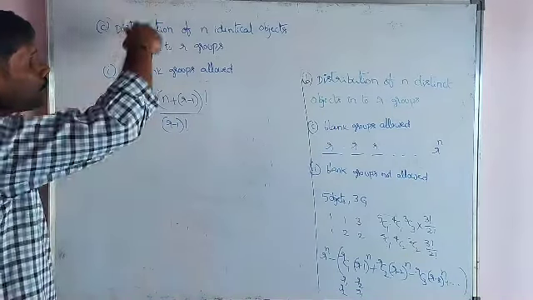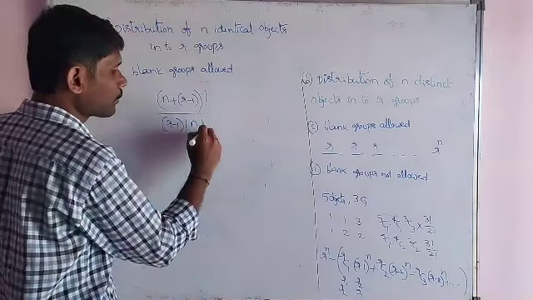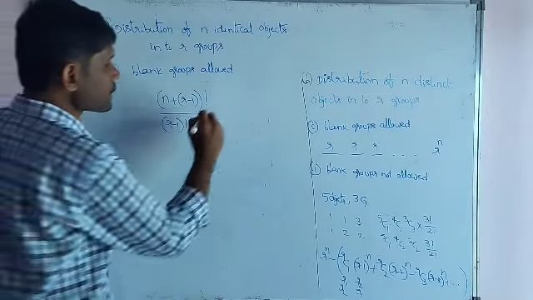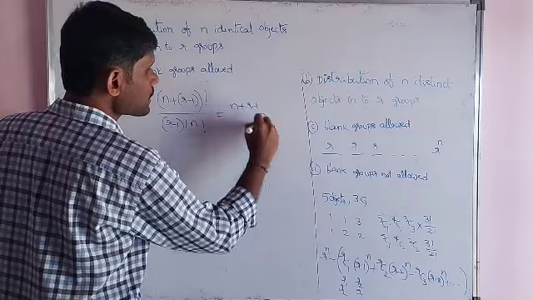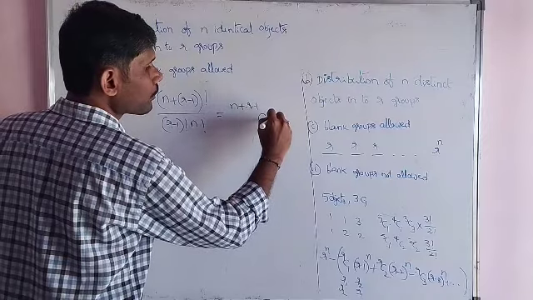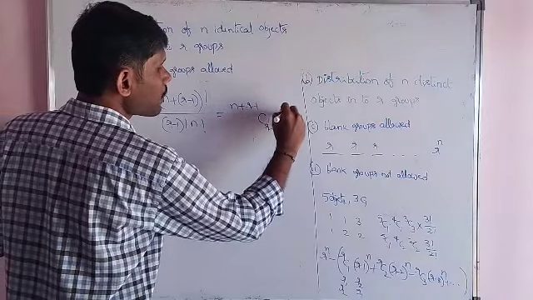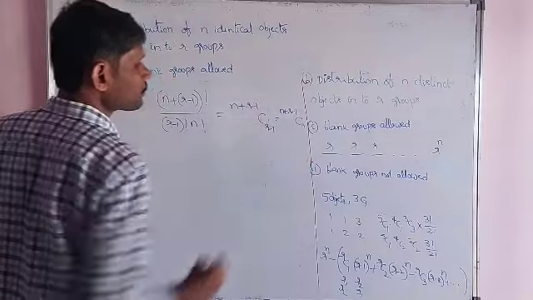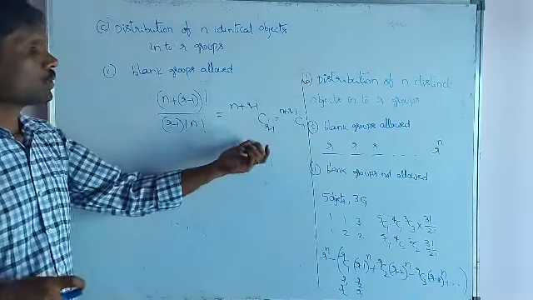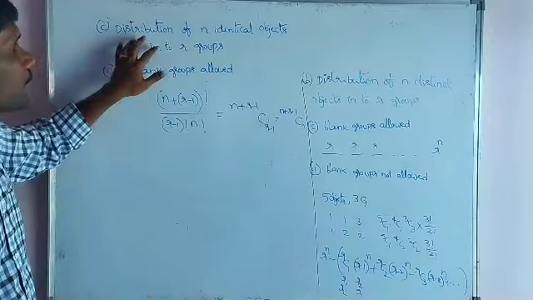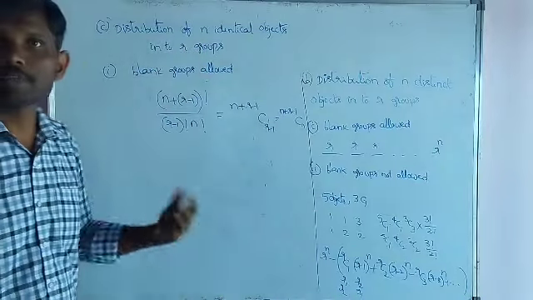Now here objects are also identical, so n factorial. Which is nothing but, we can write this in nCr notation as (n plus r minus 1) C (r minus 1), that is the same as (n plus r minus 1) C n, because nCr equals nC(n minus r). This is the number of ways in which we can divide n identical objects into r different groups.